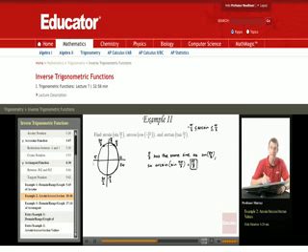Let's try the next one. Negative 5 pi over 6. Well, negative pi is over there, so 5 pi over 6 in the negative direction puts you over there. There's negative 5 pi over 6.